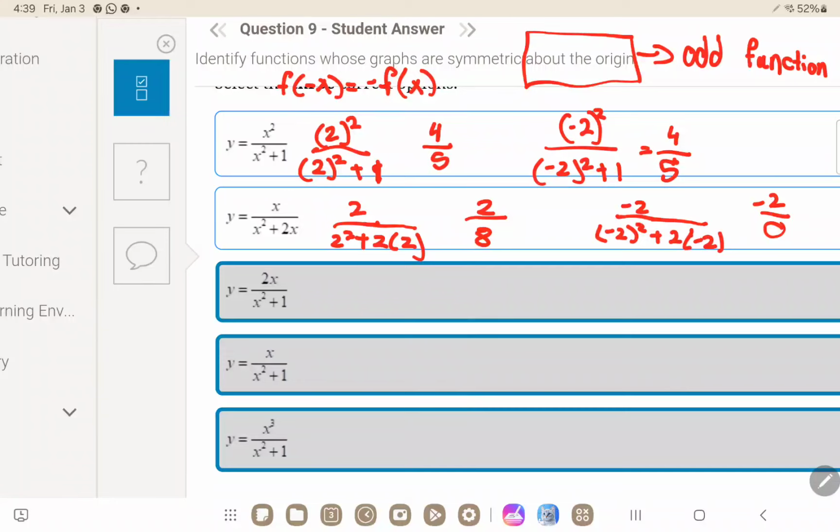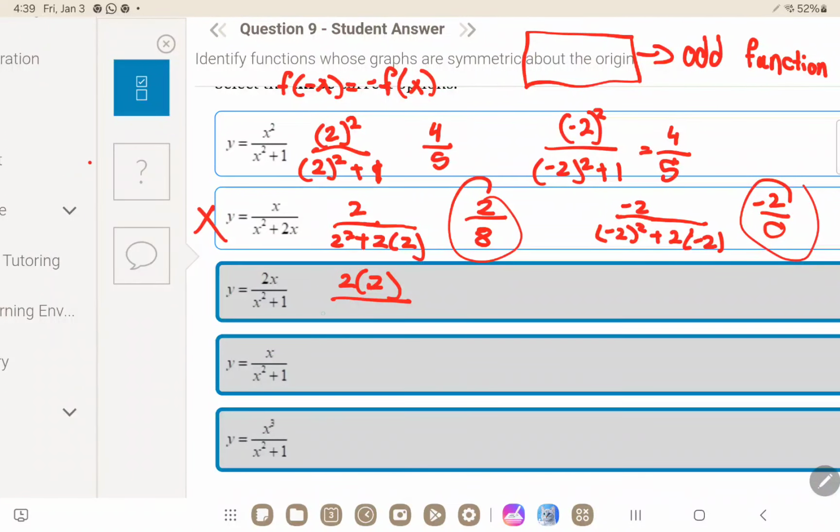First of all, this is wrong. You can't have anything divided by 0. Second of all, this does not look anything like this, so this is not even a function. So this is definitely wrong. This is even.